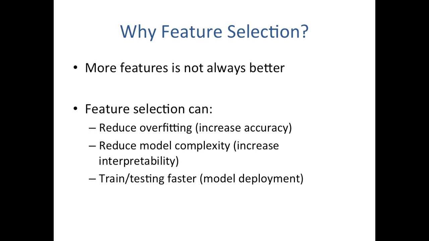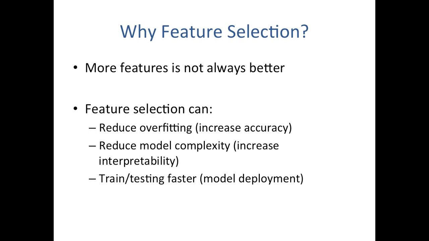Applying feature selection prior to or together with the development of machine learning models is important because, on the one hand, it might help to reduce overfitting, and thus we might be increasing accuracy. It might also help us reduce the complexity of the model.